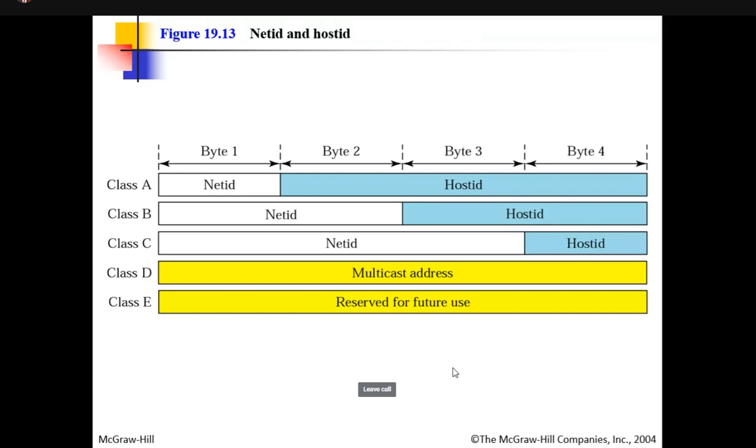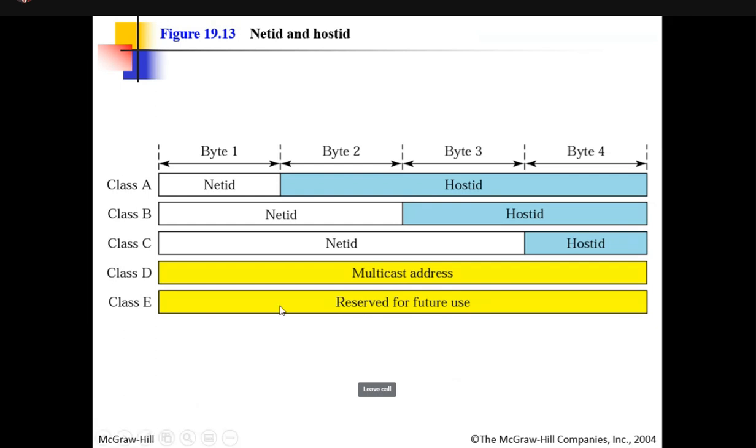Now the net ID and host ID. Every address is a 4-byte address. These bytes will be divided, one part for the net ID, network identification, and the other for the host identification. For class A, byte 1 is used for the network identification, the net ID, and byte 2, byte 3, and byte 4 are for the host identification.